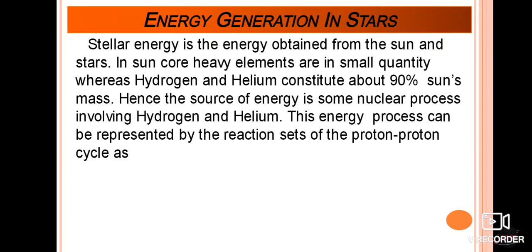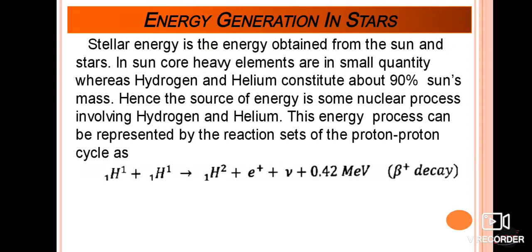This process can be represented by the reaction sets of the proton-proton cycle. Here two types of cycles take place: one is the proton-proton cycle and the other is the carbon-nitrogen cycle. We can see how it is possible with the help of a cycle.